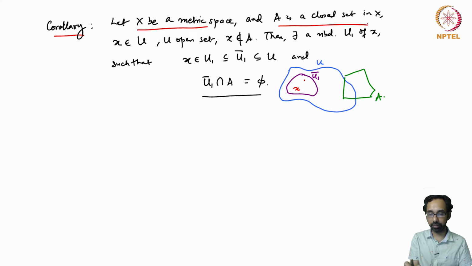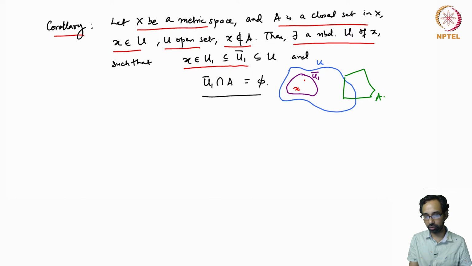So here X is a metric space and A is a closed set in X. You have a point x in an open set U, and x does not belong to the closed set A. Then there exists a neighborhood U1 of x such that x belongs to the closure of U1, which is a subset of U, and the intersection of U1 closure and A is empty.